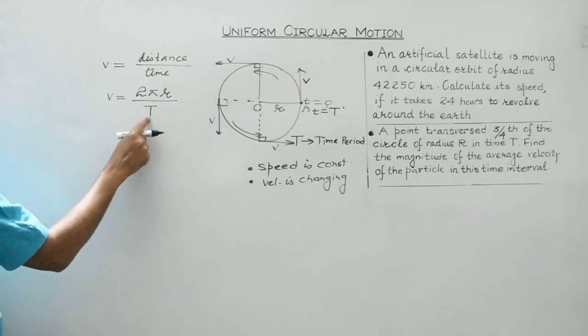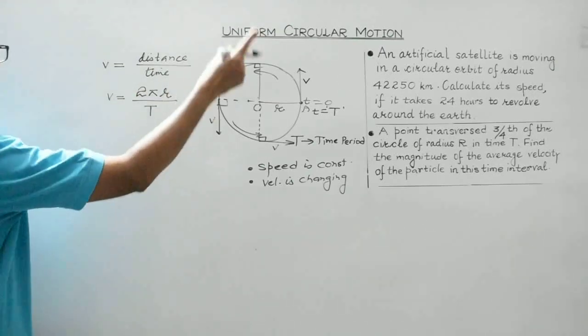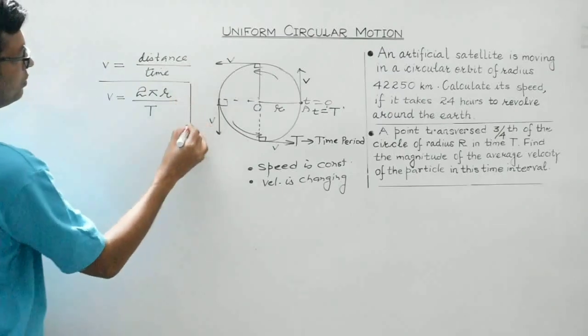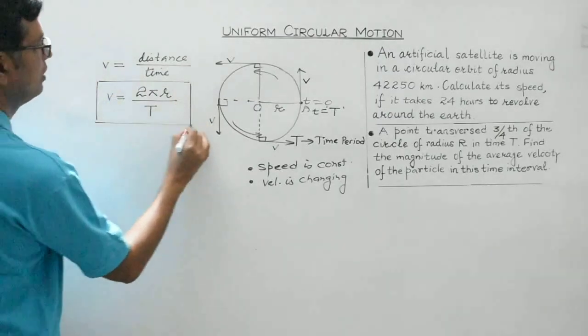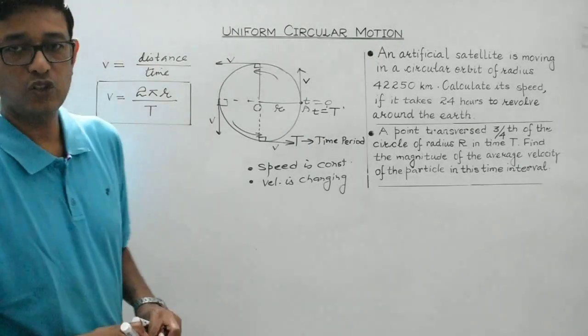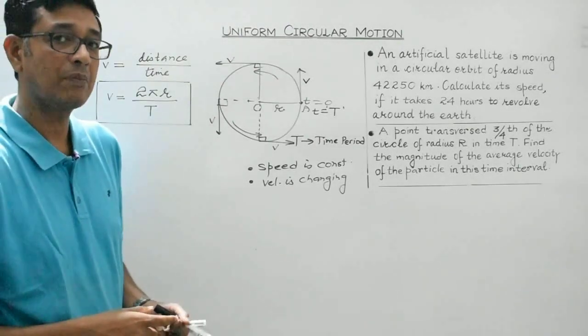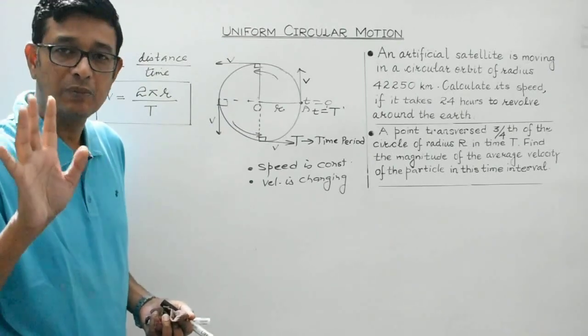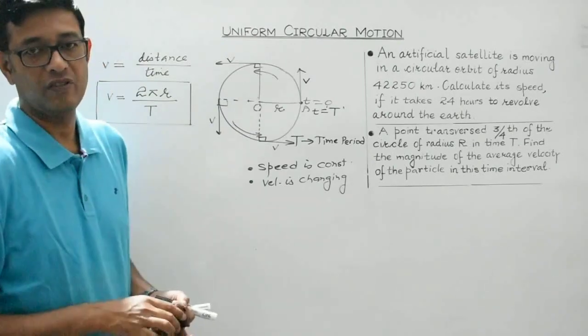During one complete rotation, it covers a total distance of 2 pi r. So make use of this particular formula while solving questions related to circular motion. Average velocity is equal to 2 pi r divided by capital T, where capital T is the time period, the time taken by the body to complete one rotation.